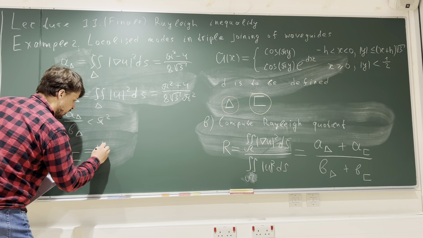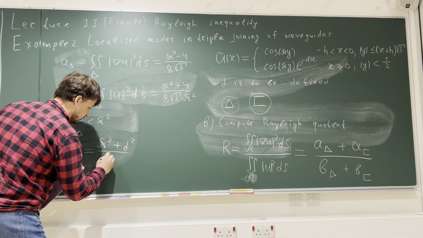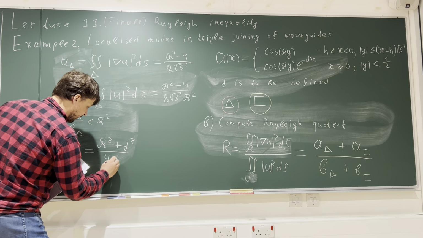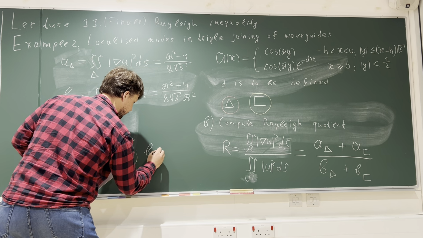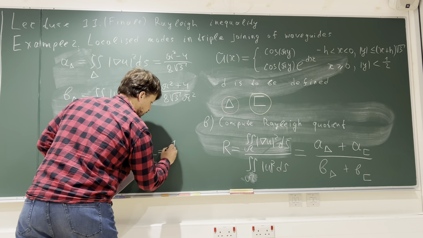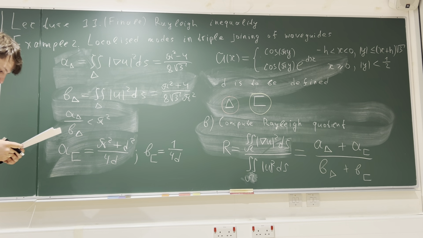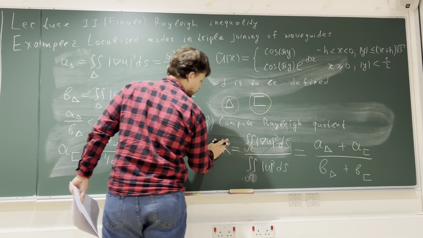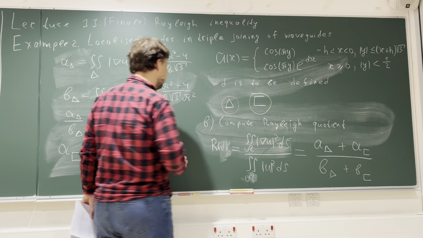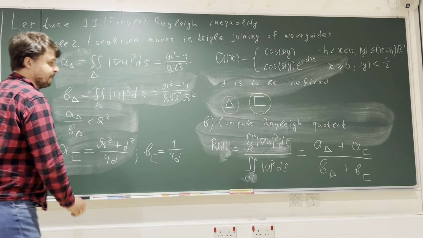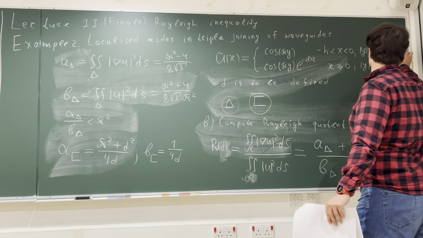And here is the result. Then we have an expression for R over D, and we can just plot it in MATLAB as a function of D.